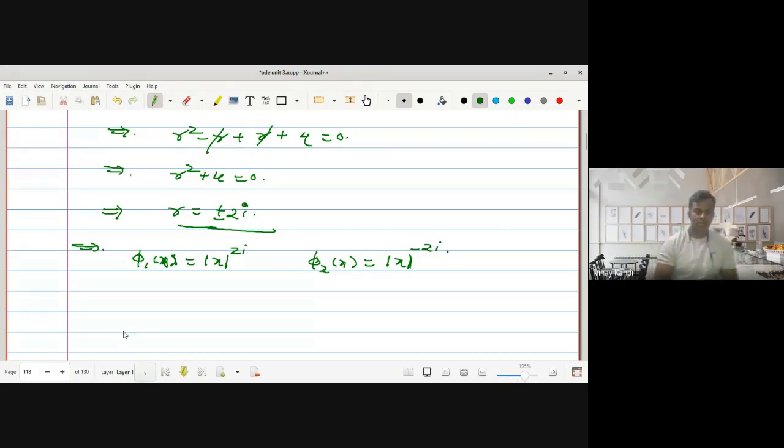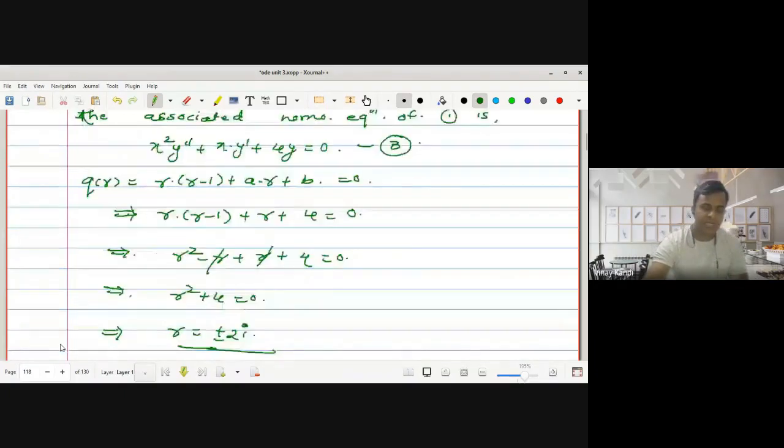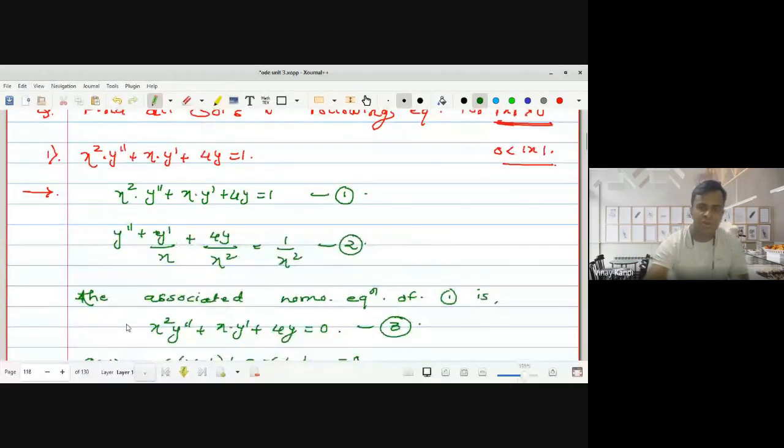Any doubt up to here? No, sir. Okay, now we have to find the value of psi p, the particular integral. What is the b of x here? What is the value of b of x? Not 1, it is 1 upon x square, so b of x is 1 upon x square.